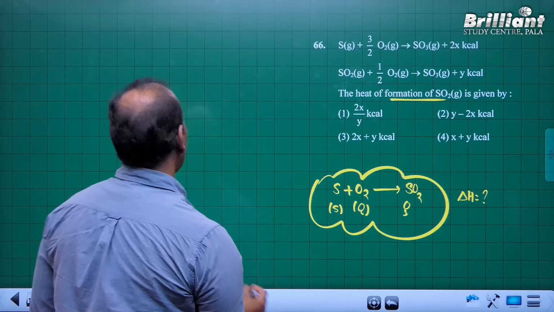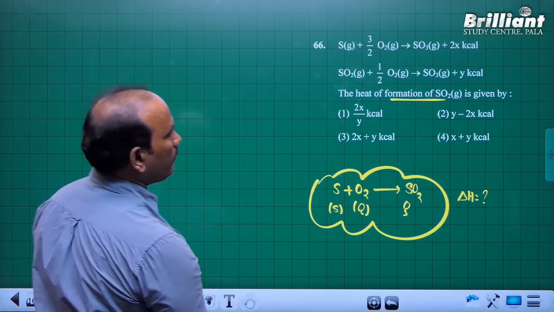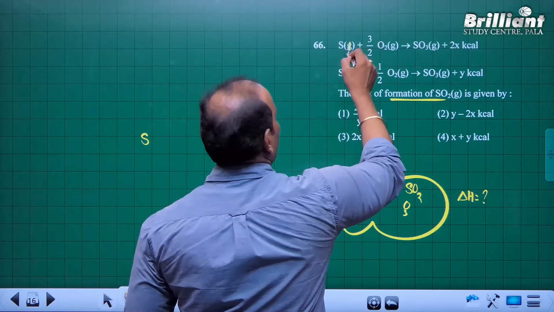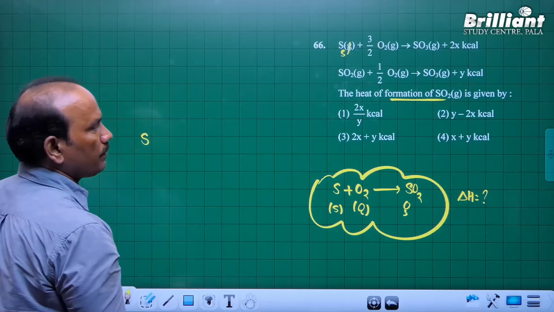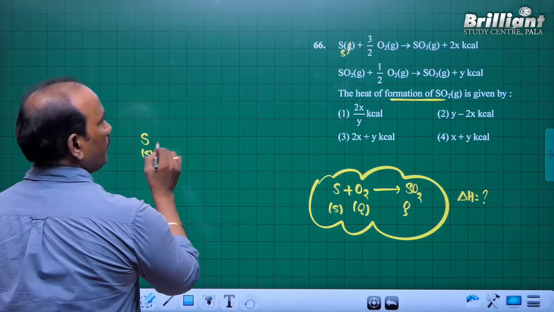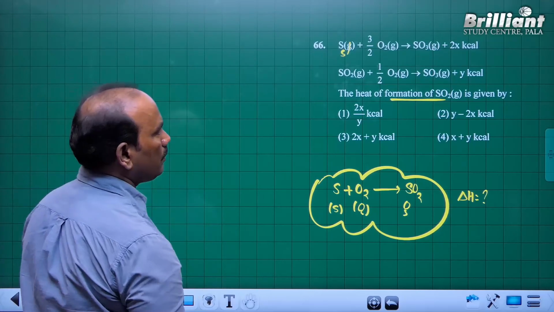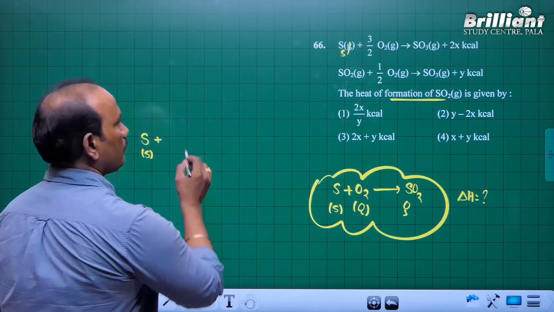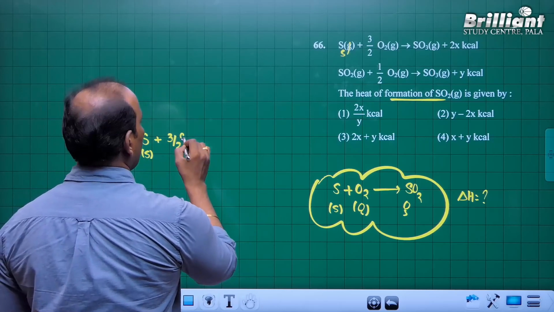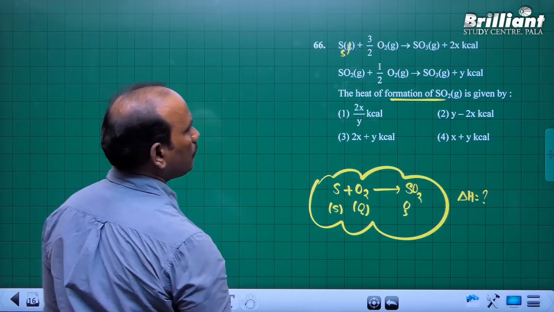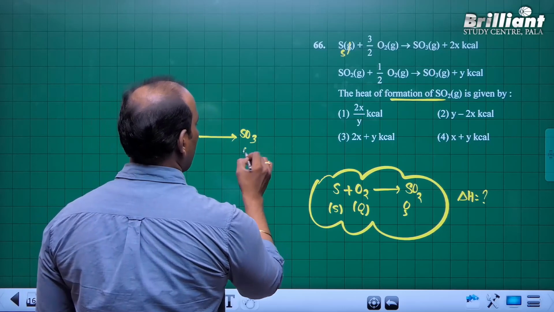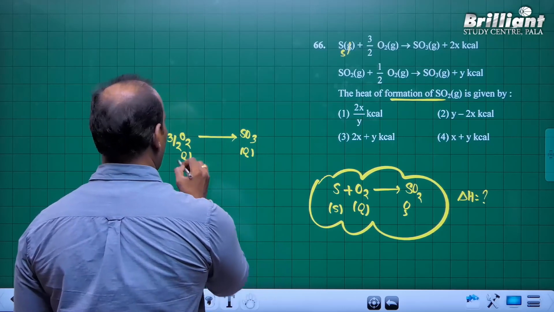Then S solid plus 3/2 O2 gives rise to SO3 gas. Okay.